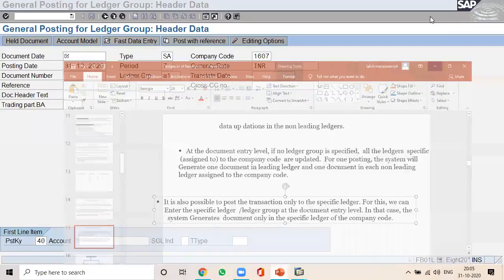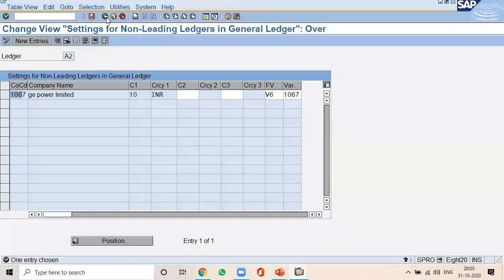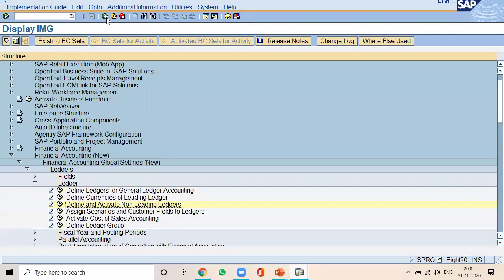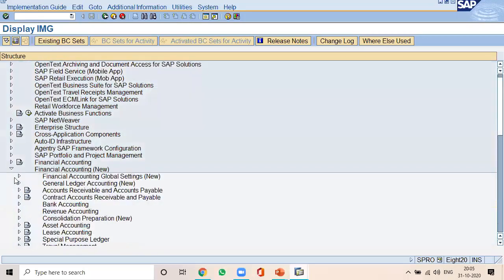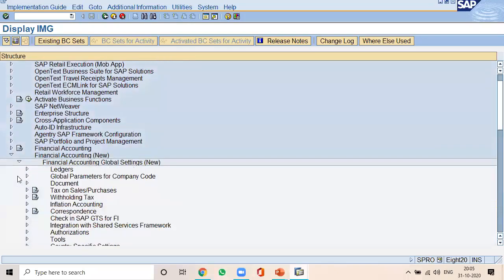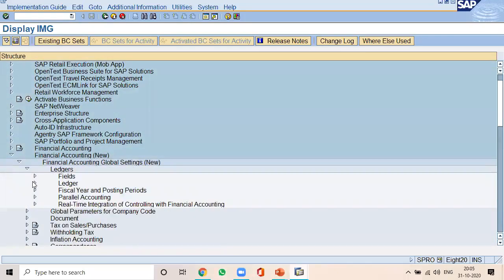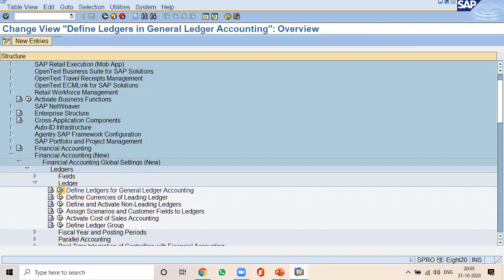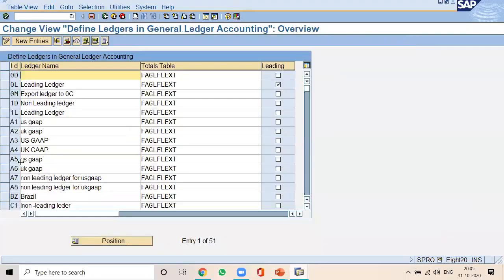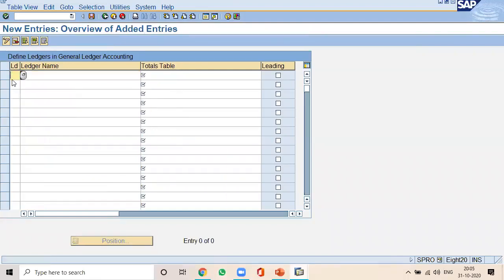See, look at the screen here. SPRO, Finance Accounting New, Finance Accounting Global Settings New, Ledgers, Ledger, define ledgers for general ledger accounting. Let us create one ledger, A9.